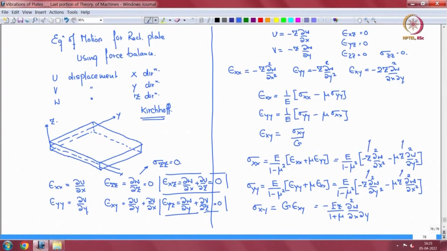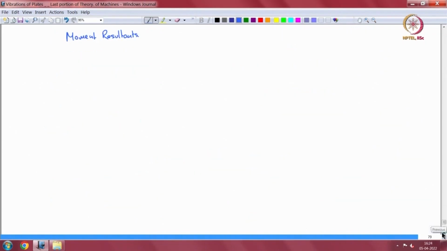So if I integrate this from minus h by 2 to h by 2, which should give me the actual resultants, because there is a z, I will get a z square by 2, which over minus h by 2 to h by 2 will give me 0, okay. So all the other force resultants, nxx, nyy, nxy, will all be 0. So only moment resultants survive. That is why I am just straight away going for the moment resultants.